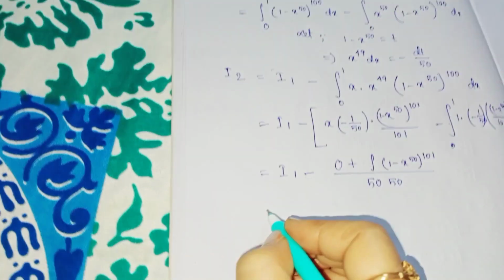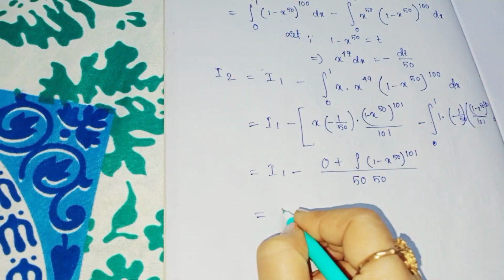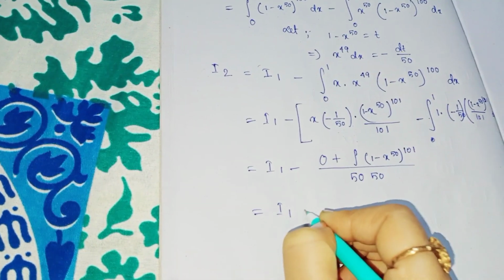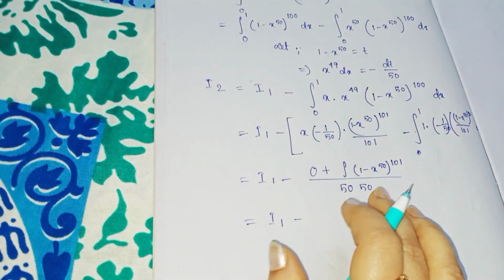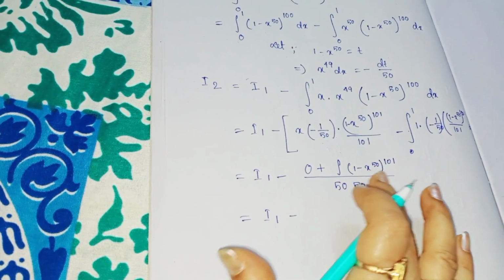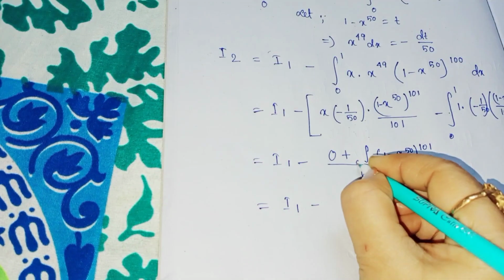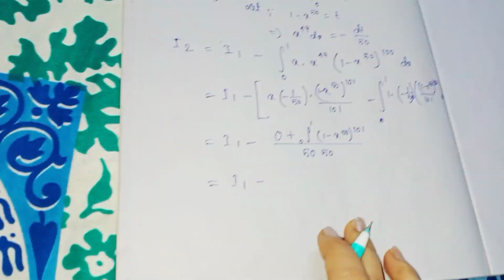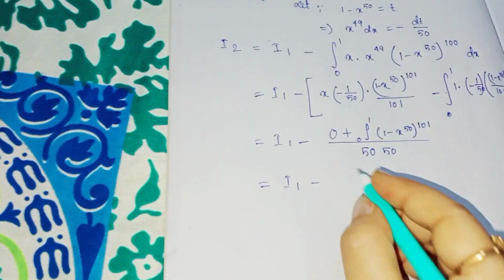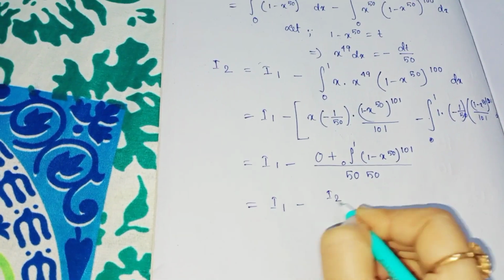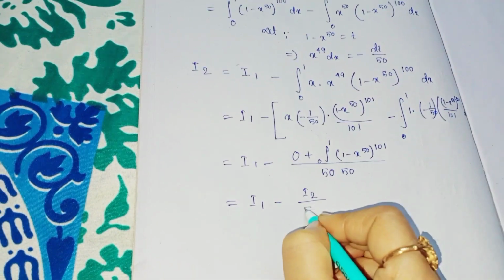So here we get again I1 minus this. We know this one is I2, (1 minus x to the power 50) whole to the power 101 between the limits 0 to 1, so this one is I2, so I2 divided by 5050.